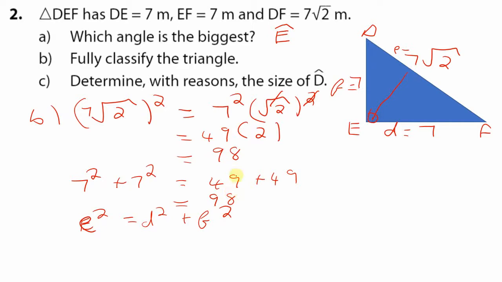And so therefore, in fact, we have a 90-degree angle for angle E, so therefore this must be a right-angled isosceles triangle.